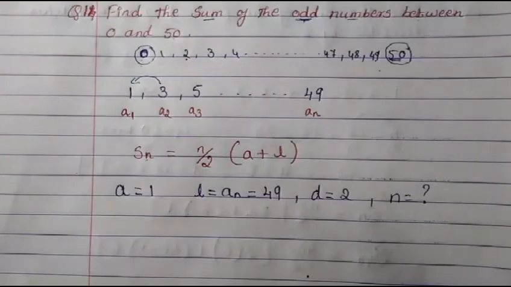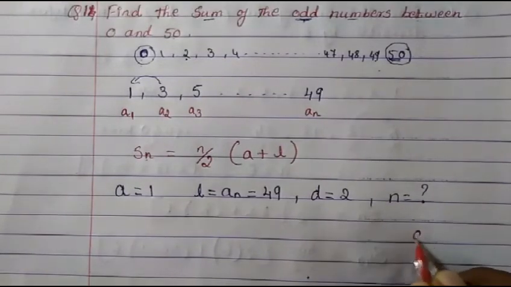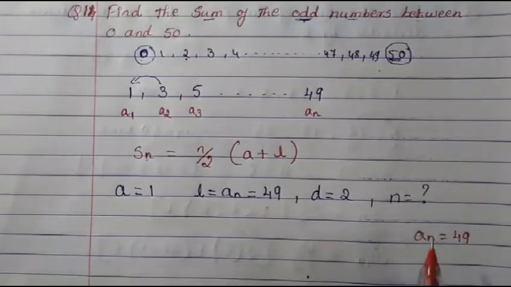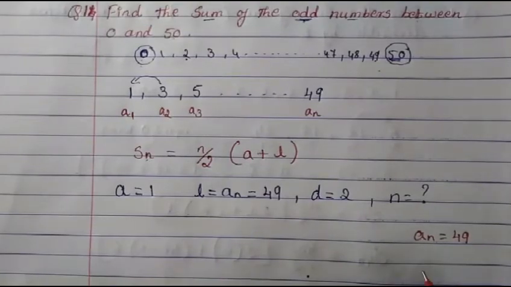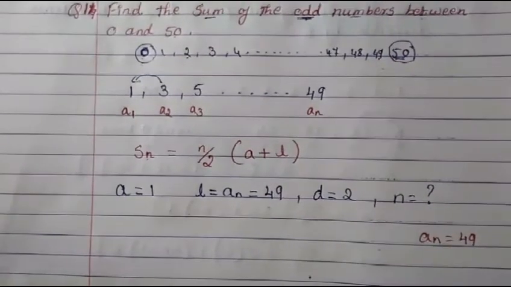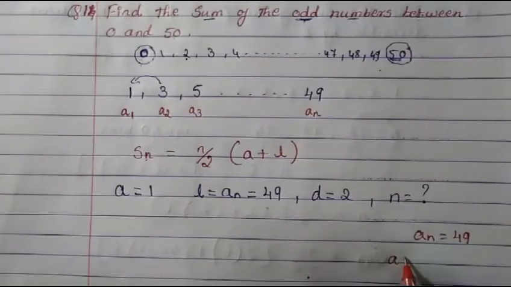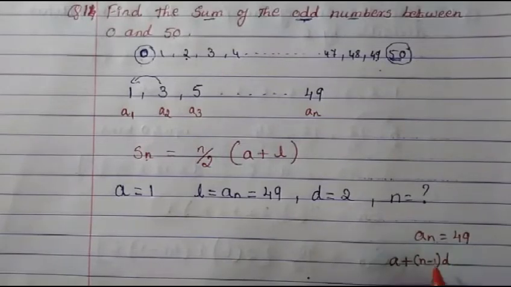We know an is given to us, that is 49. And how do we write the formula for an? Remember, an equals a plus n minus 1 into d.